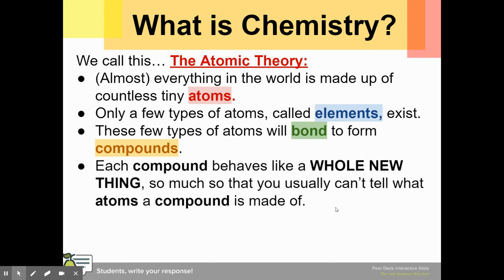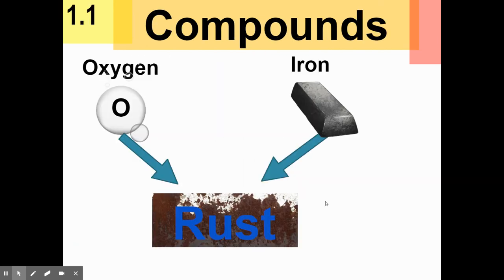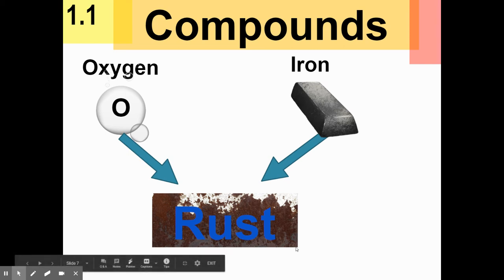Okay. And so the reason why there's so many different things that exist in the world, despite there being only a few number of types of atoms, is because every cluster will behave totally differently. Okay. So, for example, oxygen is a transparent, invisible gas. Iron is a hard, bendable silver substance. Put them together and you get a reddish brown substance called rust.